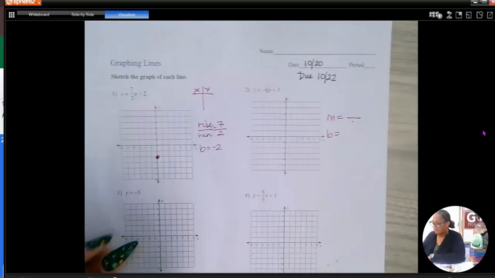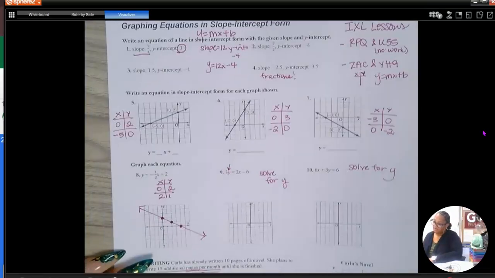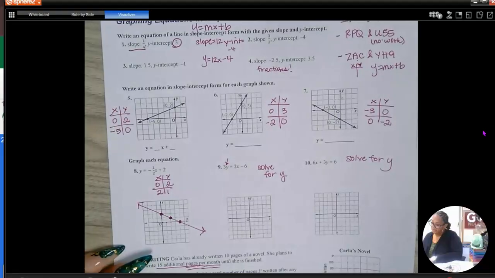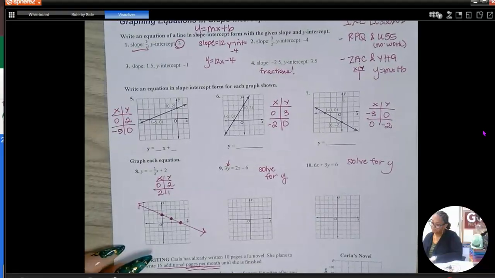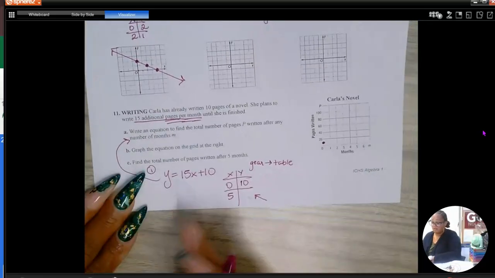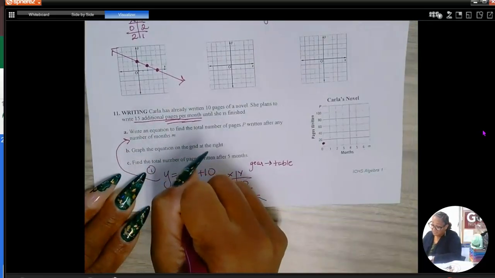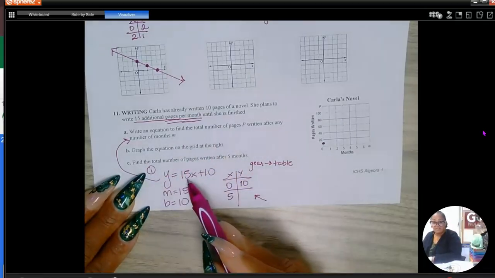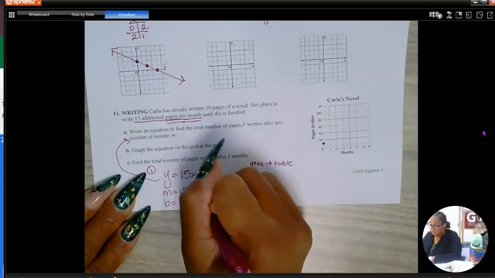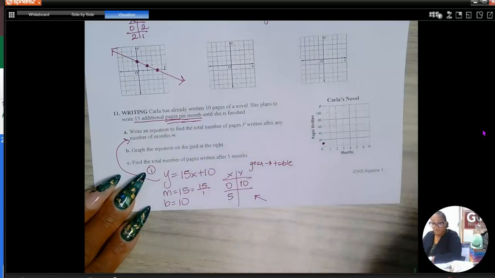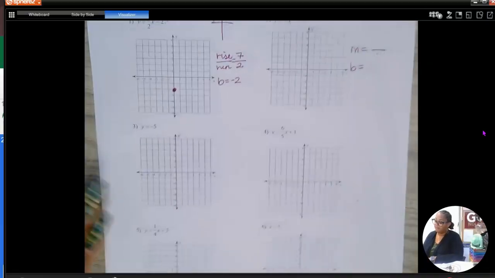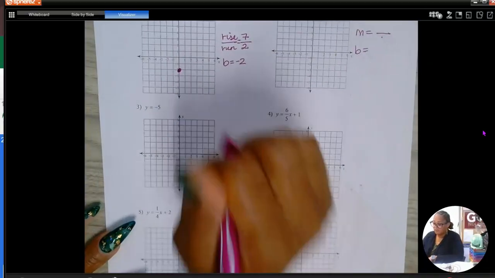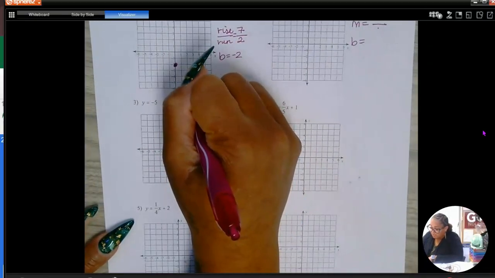Let's put the equal sign. I'm trying to think of another one. Here, my slope is 15 and my y-intercept is 10. It is not 15 over 10. My slope equals 15 divided by 1. Okay, it's an integer. Here, this will be a 0 slope.